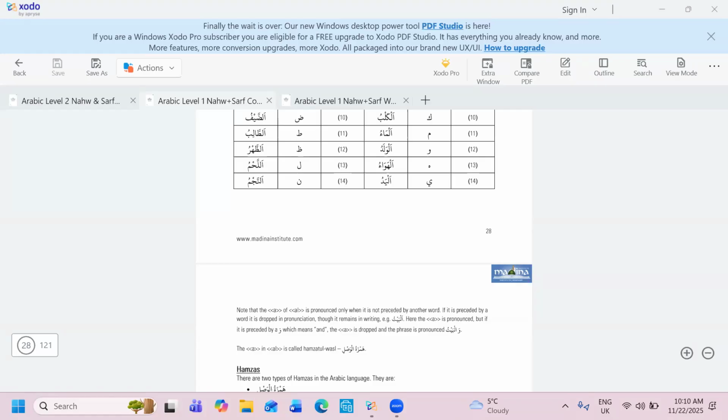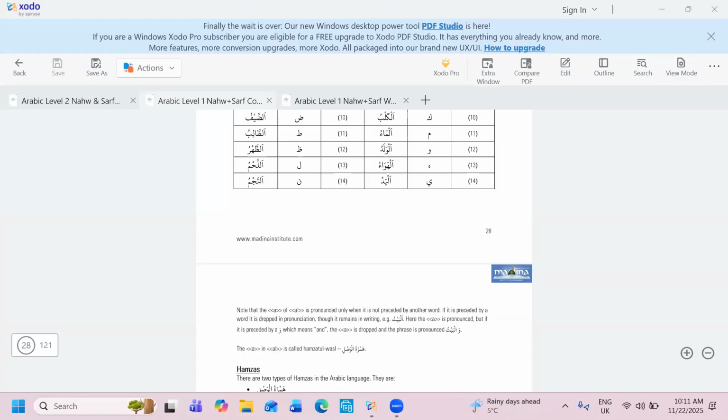For example, when we say ash-shamsu, the lam's there, but we're not pronouncing it. When I say al-qamar, I'm pronouncing the lam in the al, whereas in ash-shams, I'm not pronouncing the lam. But the lam's there, it hasn't disappeared.